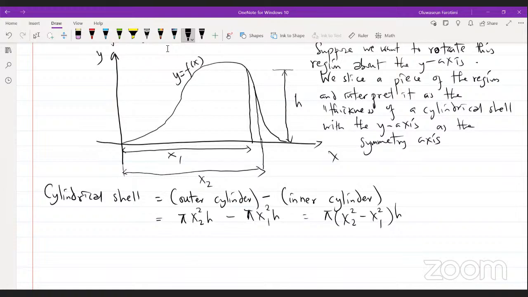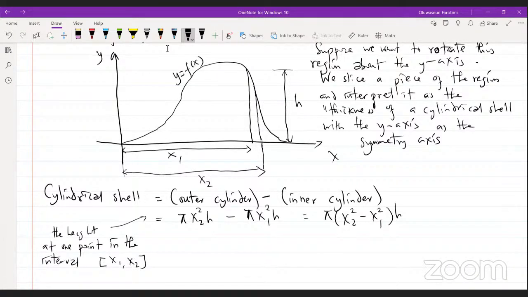This guy is pretty much just the average height, the height at one point in the interval. What interval, guys? x1, x2.